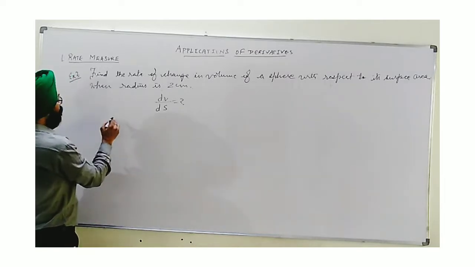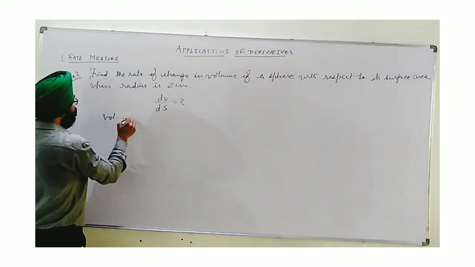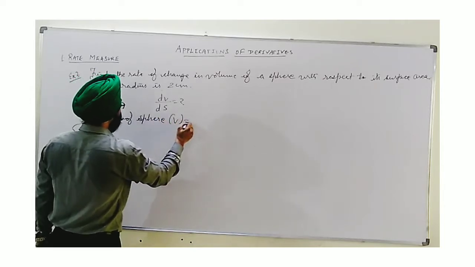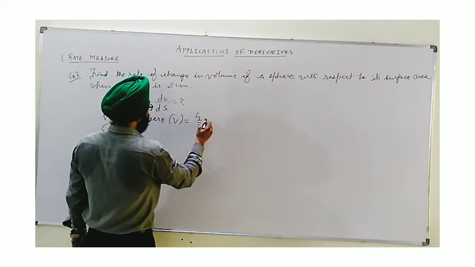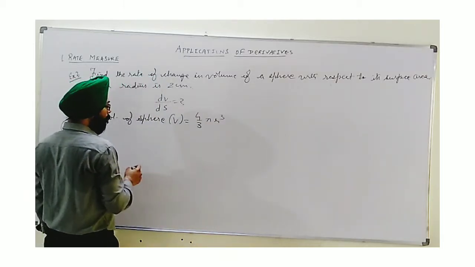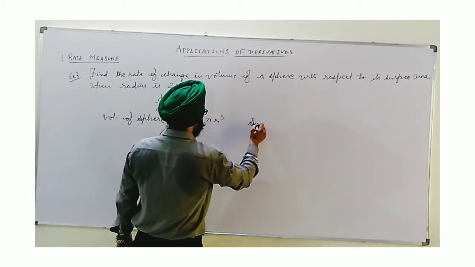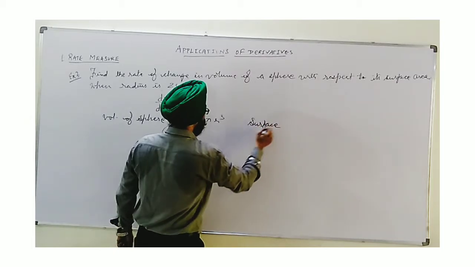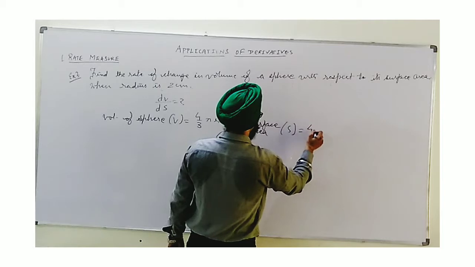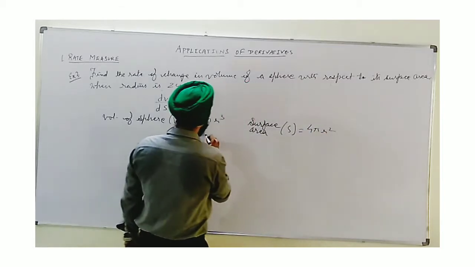Okay, so what we are going to do: volume of the sphere V is 4 by 3 pi r cube, and surface area S is 4 pi r square.